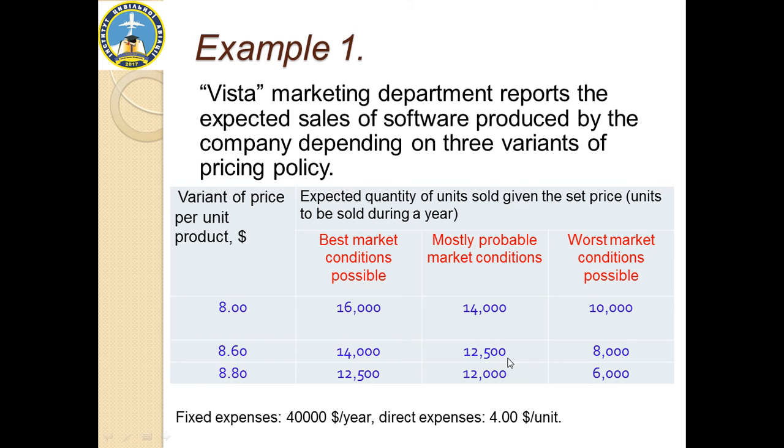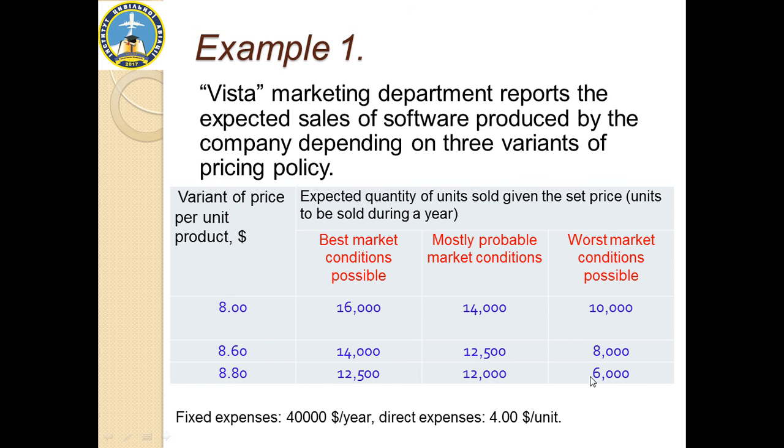But if the market turns worst, to be in worst conditions, the sales can drop to 10,000 at the price of $8 per unit, to 8,000 at the price of 8.6, and only to 6,000 units at the price of $8.8 per unit.